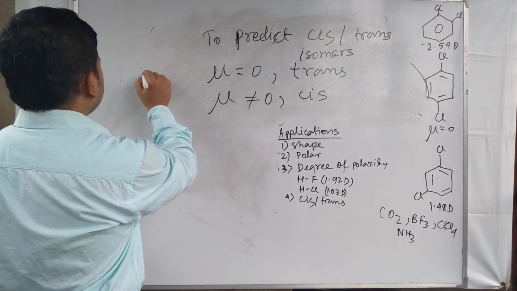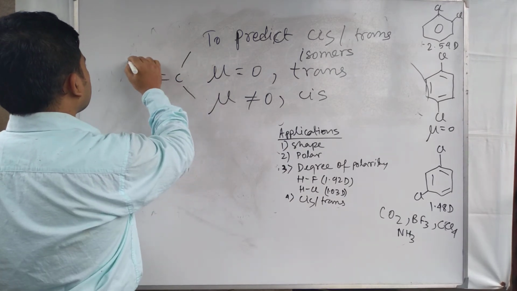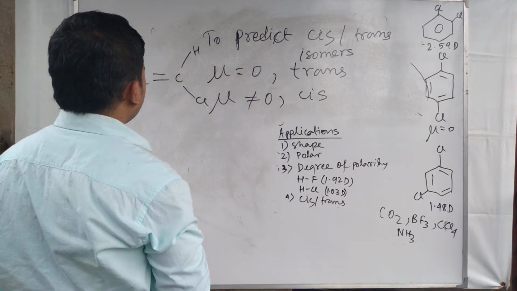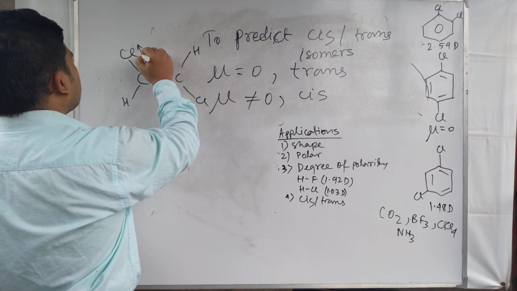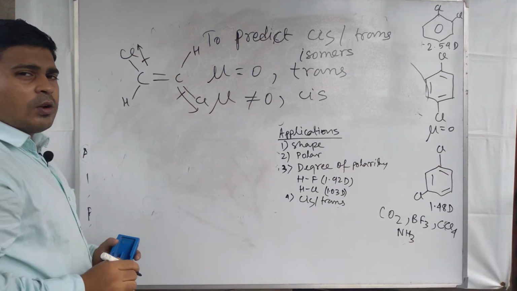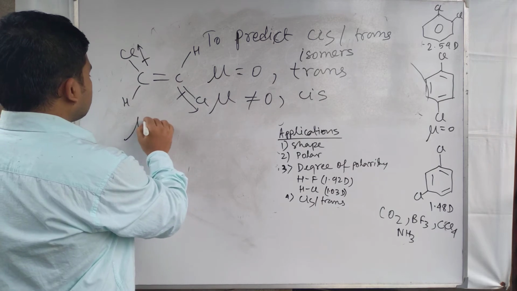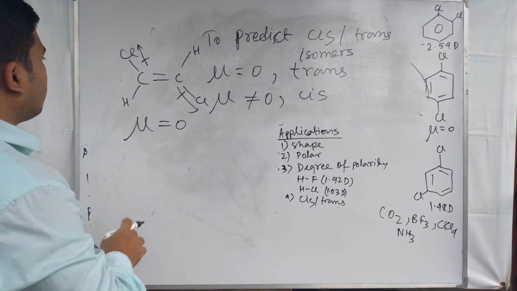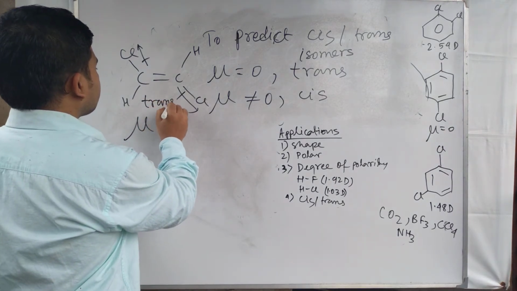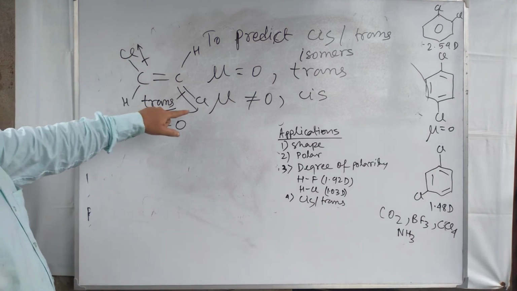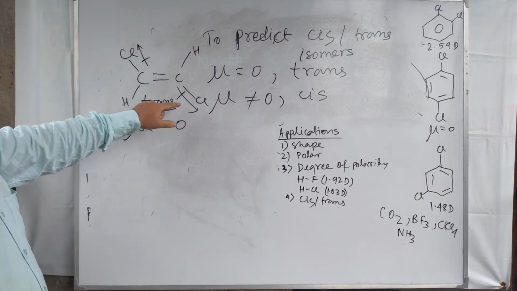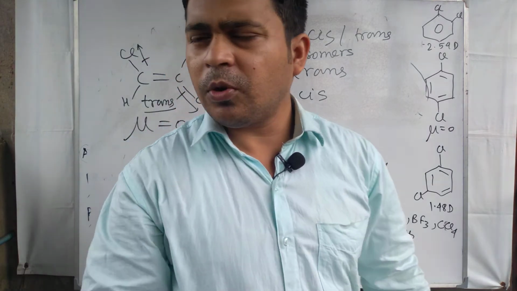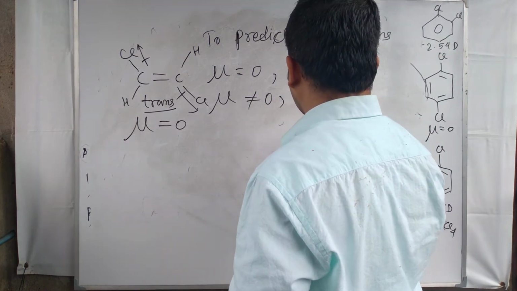Suppose, for example, dichloroethene. It is a symmetrical molecule. So due to the symmetry of the molecule, the dipole moment of this trans isomer, because both chlorine groups are in opposite directions, so this is the trans isomer and its overall dipole moment is 0.